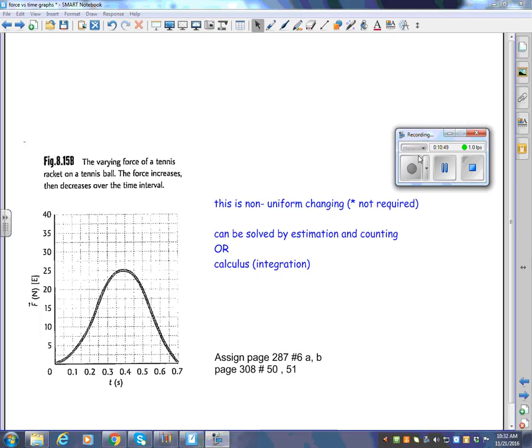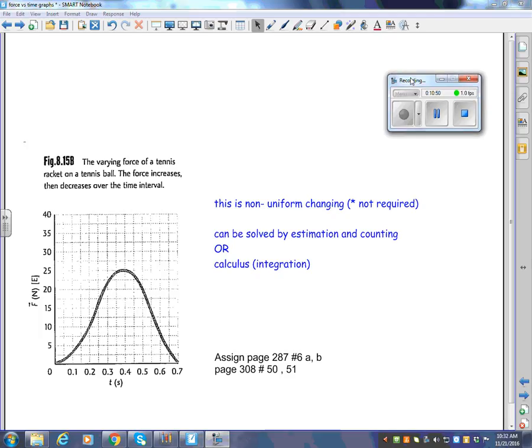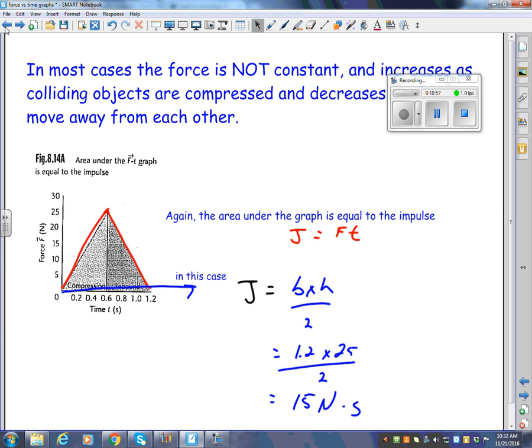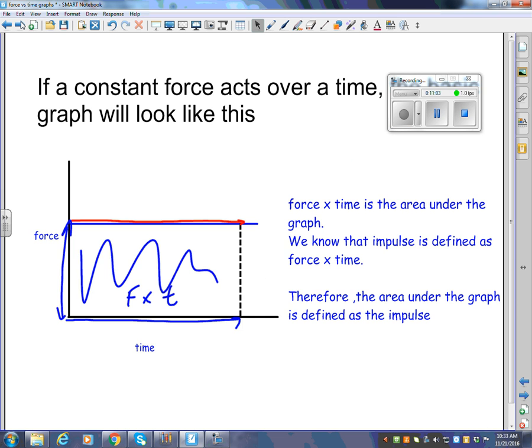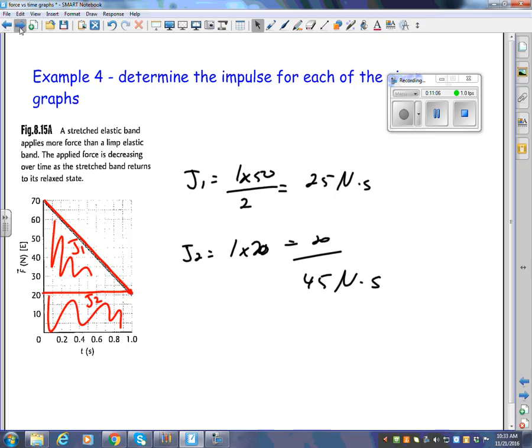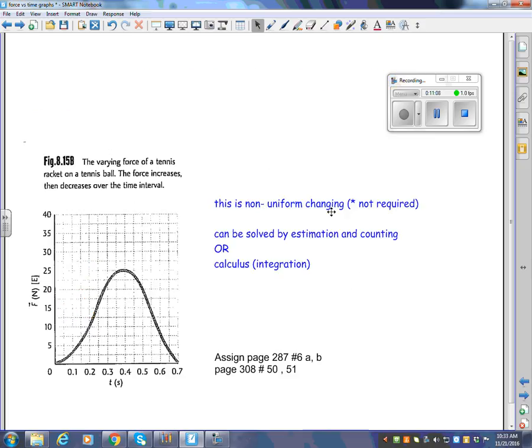Now, the textbook shows this, so just in case you get worried, well, listen. The outcome said uniformly changing force, which means at an angle, right? This one is non-uniformly changing, okay? So it's got this bell curve shape to it. You guys know what the bell curve is?